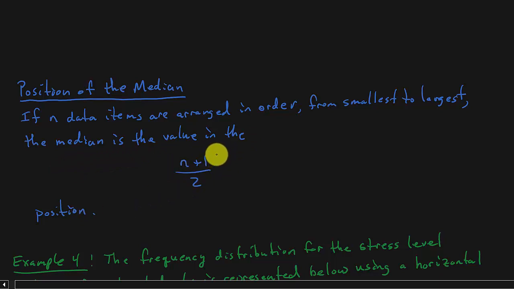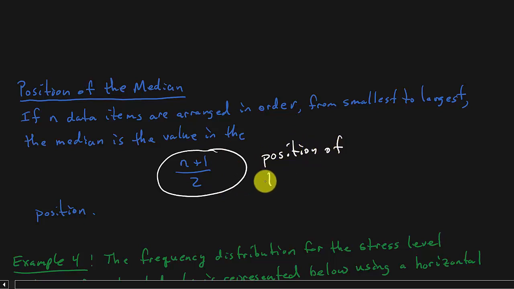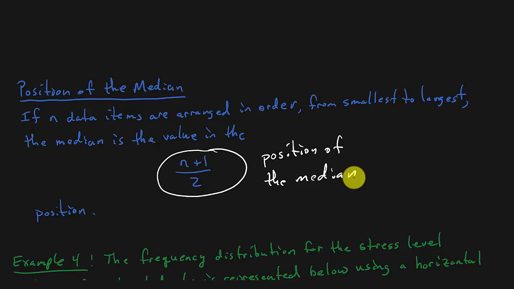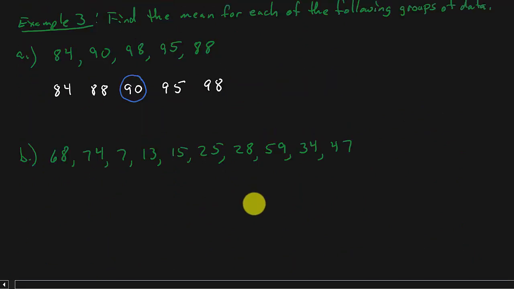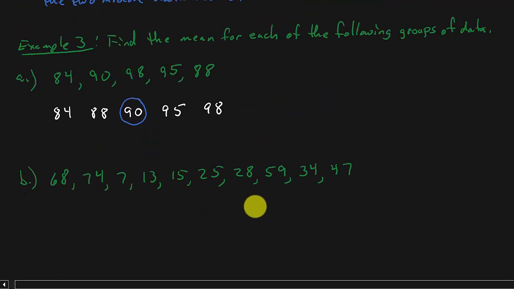So this gives us the position of the median. It doesn't tell us what the median is, it just gives us the position of the median in the list of data, n plus 1 over 2, where n is the number of data values.